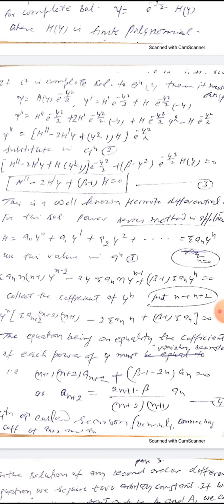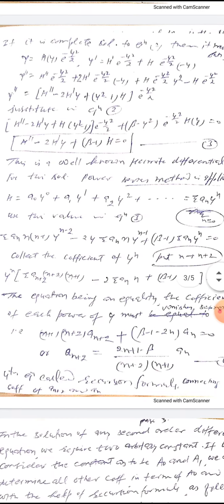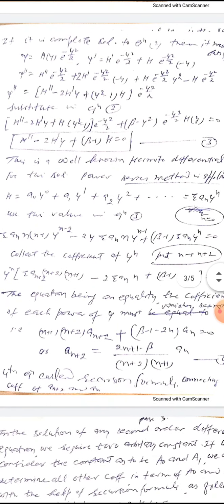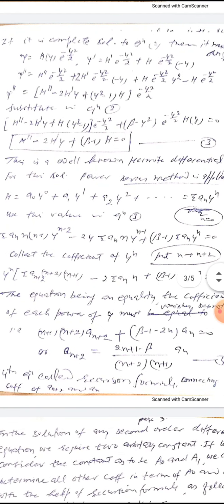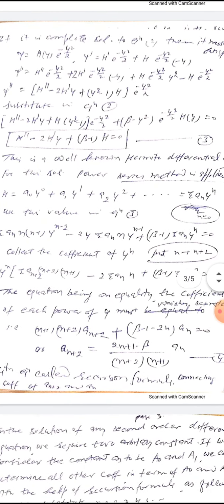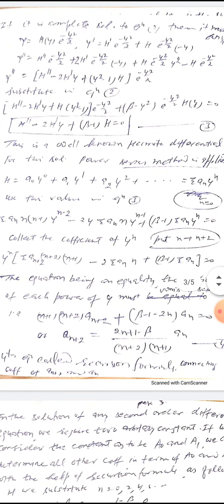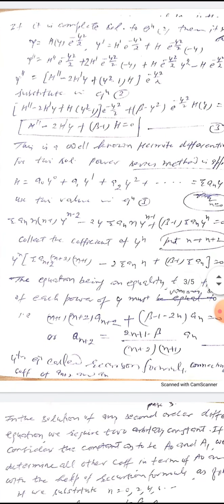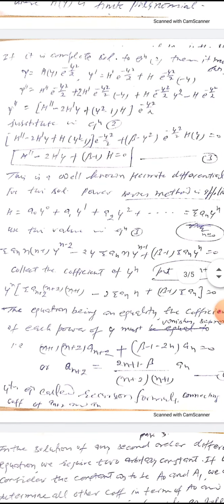Now substitute in equation number 2, and after substitution we get the equation H double dash minus 2 xi H dash plus (beta minus 1) H is equal to 0. Please note that we are using some constants alpha, beta, and again H, because we are trying our best to get a popular equation for the solution.